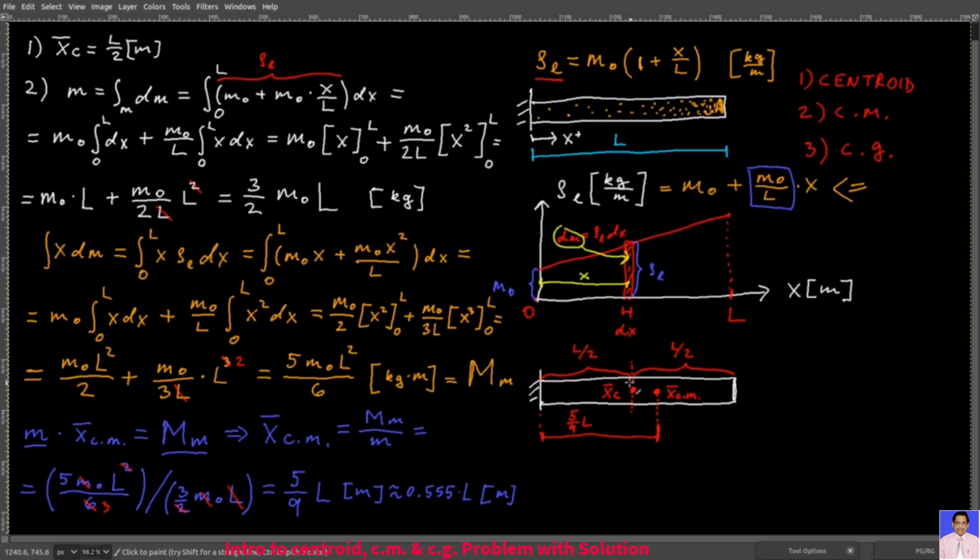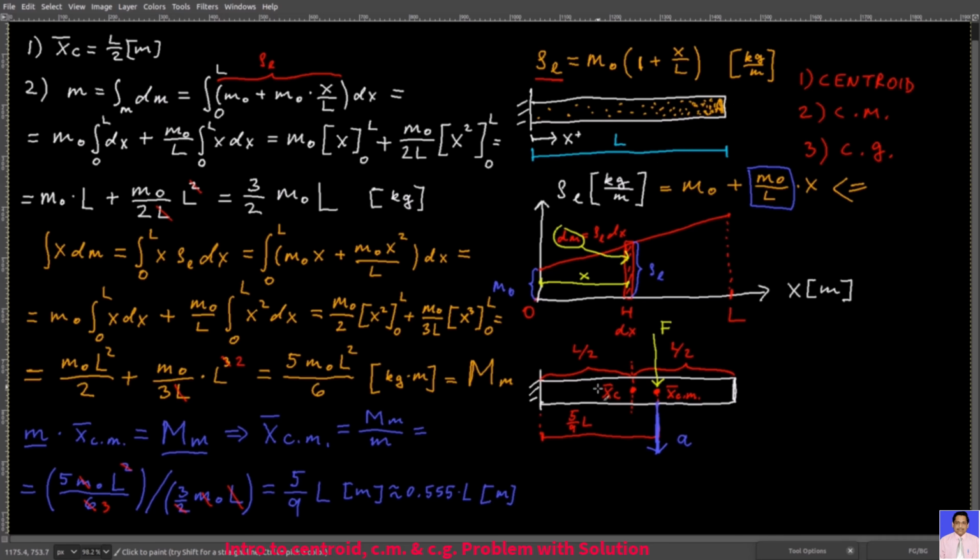The centroid divides the beam in half in terms of its length, and then the center of mass is the point where you could concentrate all the beam's mass, and if you were to apply a force to this point, then the beam will accelerate in the direction of that force, but it will not rotate. The centroid doesn't care about the mass distribution inside the beam.